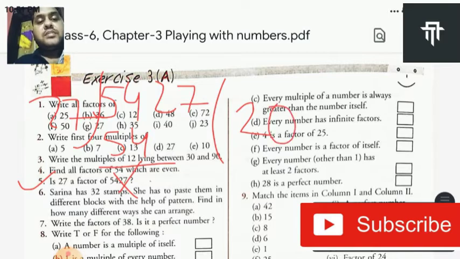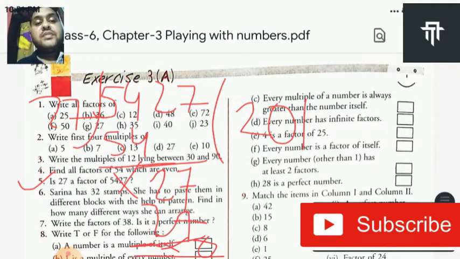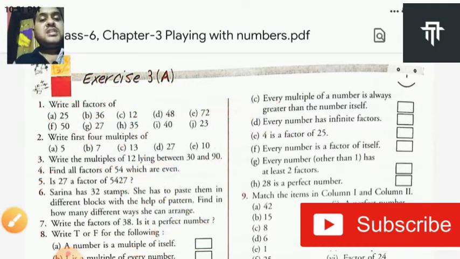For taking both the numbers, we need to put a 0 here. So 27 ones are 27. So it is completely divisible. So here we get remainder 0. So if we get remainder 0, that means 5427 is completely divisible by 27, and that means 27 is a factor of 5427. So yes, 27 is a factor of 5427.